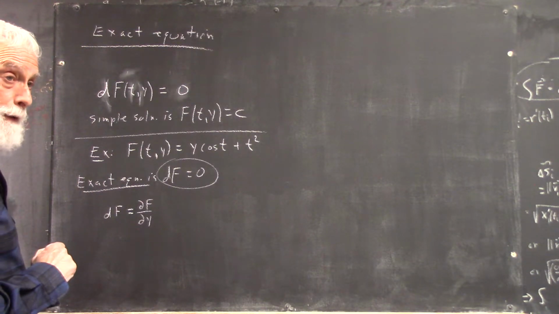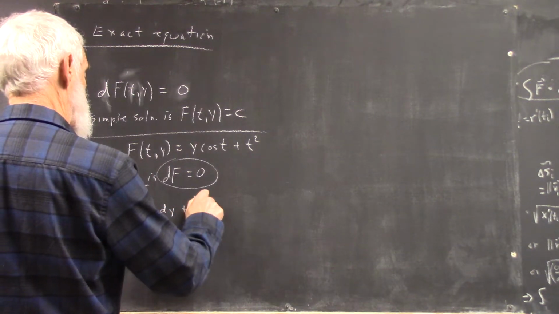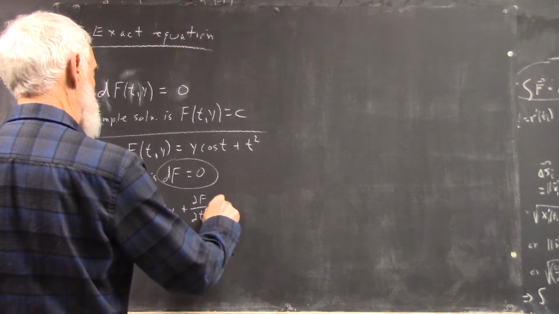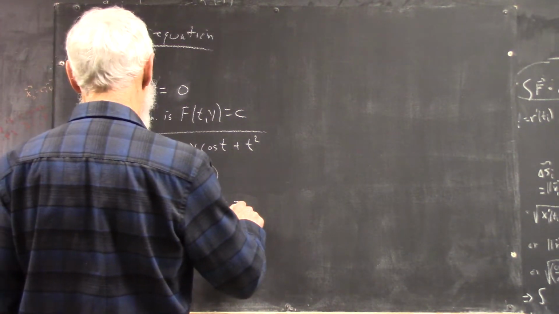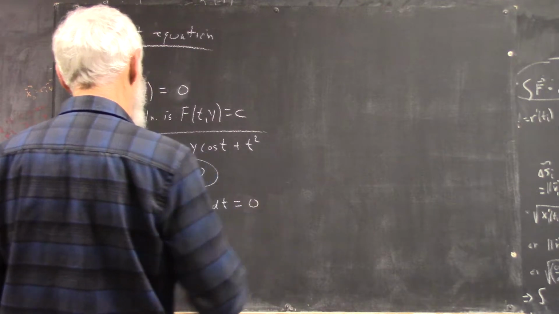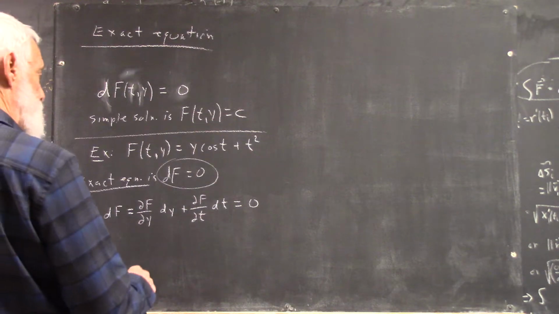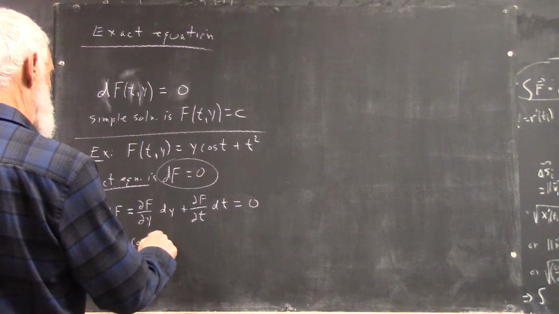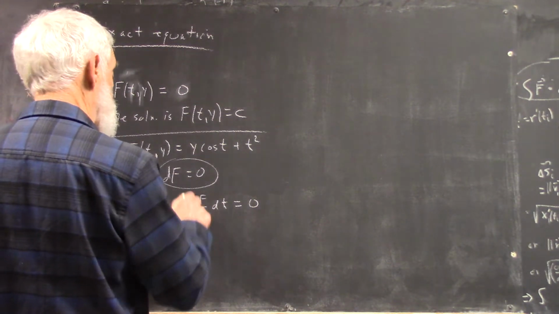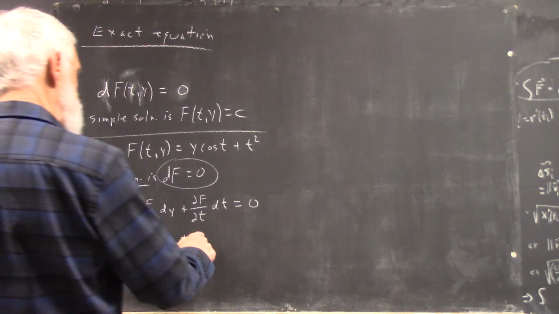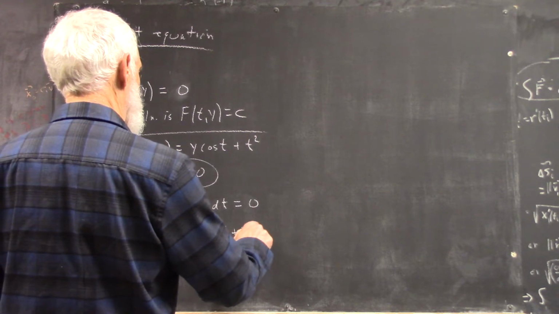Partial F with respect to y, right? Plus partial F with respect to t, dt. That equals 0, right? What's the partial of F with respect to y? Cosine t, right? What's partial F with respect to t? Negative y sine t plus 2t.